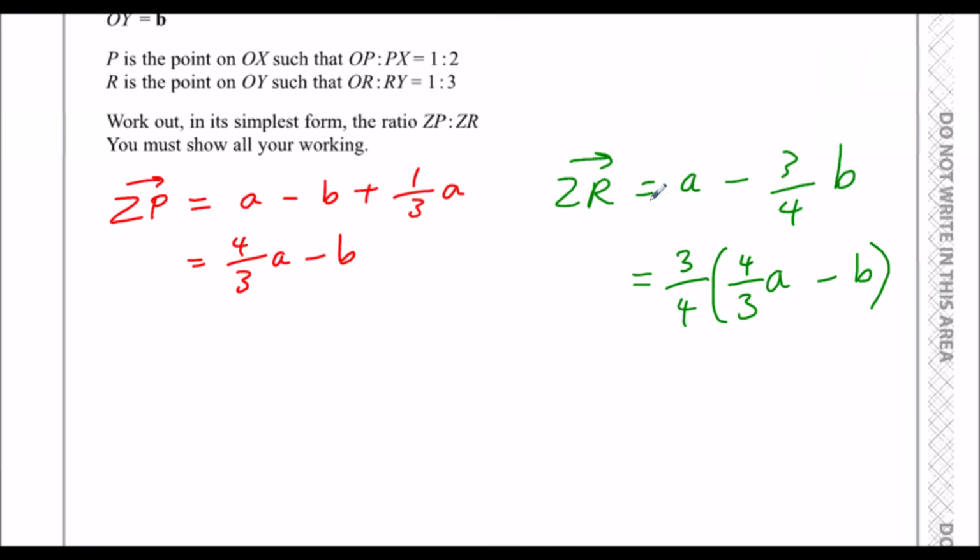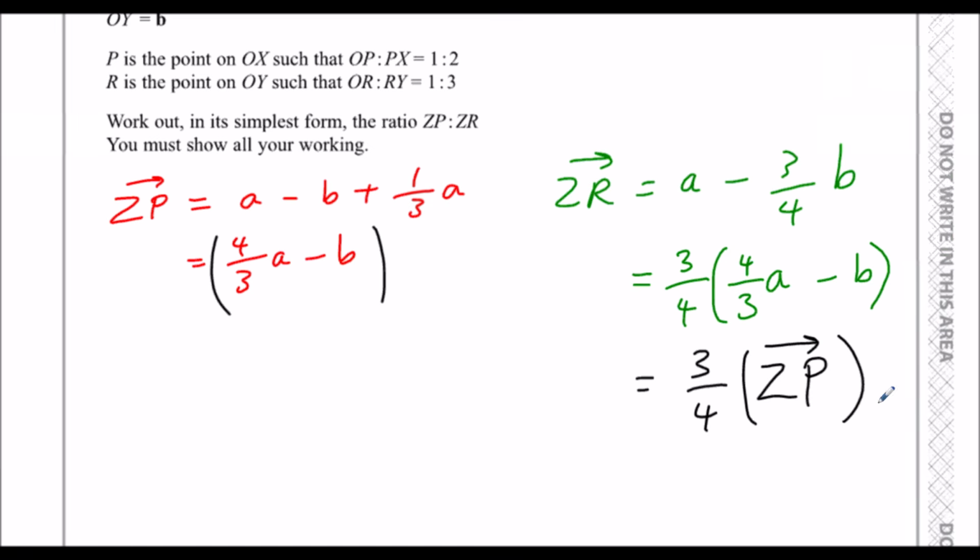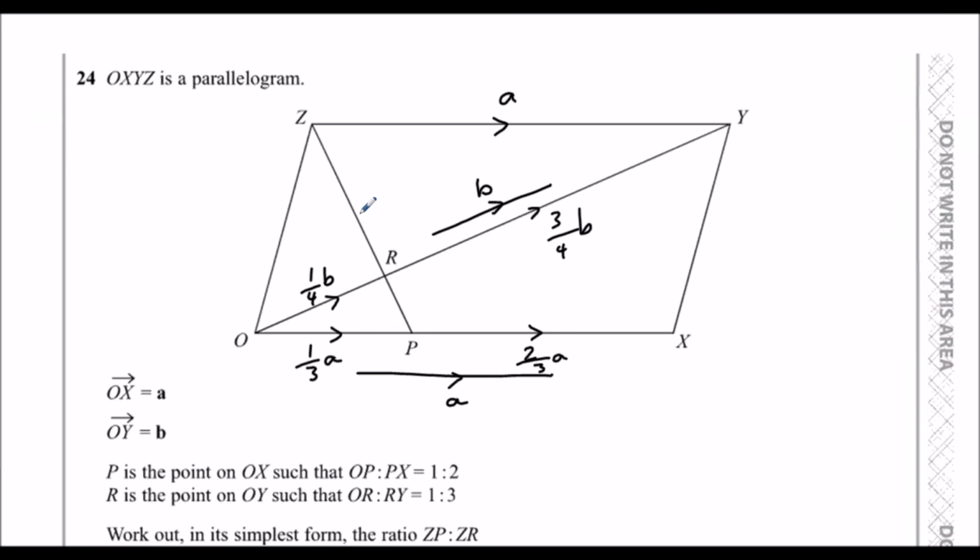So what we can see here is ZR is 3/4 of 4/3 A minus B. So ZR is 3/4 of ZP.